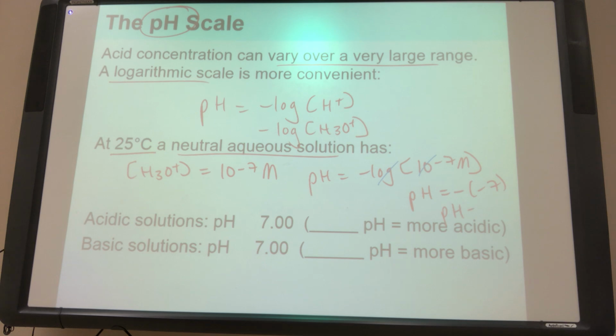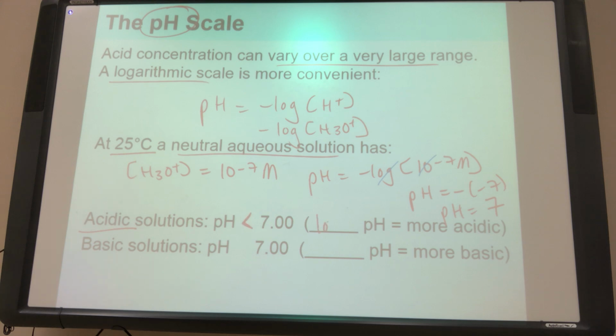So pH is equal to 7. This is why when we talk about solutions being neutral, we say neutral solutions are at a pH of 7. If they're acidic, then their pH is going to be less than 7.